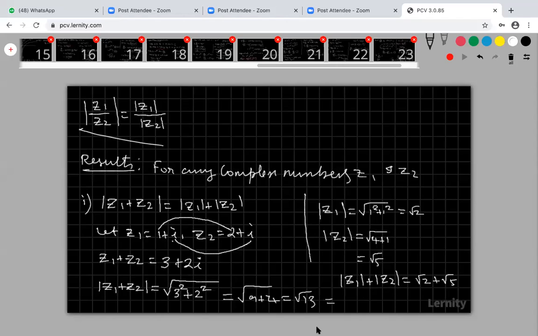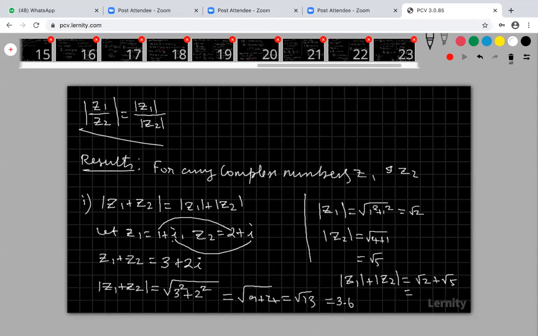You have to go for the long division method, or otherwise use a calculator. Any value for root 13? It may be nearly 3.6. What about root 2 plus root 5?